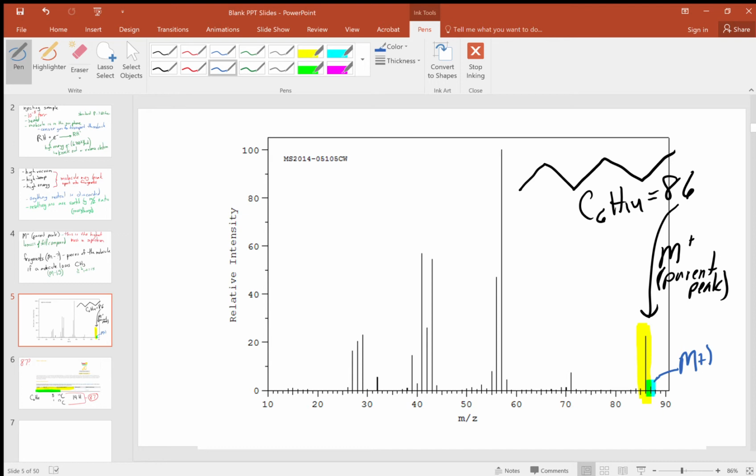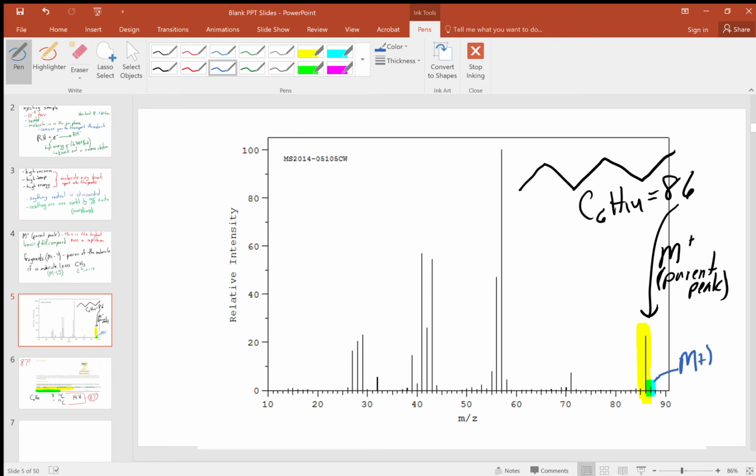Not always, and we don't spend a lot of time on this because there are many cases where this doesn't actually work or work as well as we'd like it to. But sometimes you can find a ratio between the M plus and the M plus 1 peak that helps you to determine the number of carbons in the molecule.